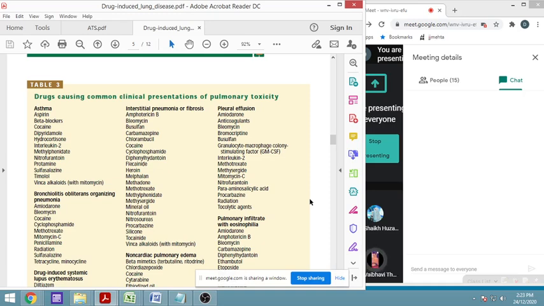Sir, by causing inflammation to airways. Why should it cause inflammation to airways? It is anti-inflammatory, Vaibhavi. Aspirin is an anti-inflammatory drug. It causes inhibition of prostaglandin synthesis. Aniruddha, why does it cause bronchoconstriction?